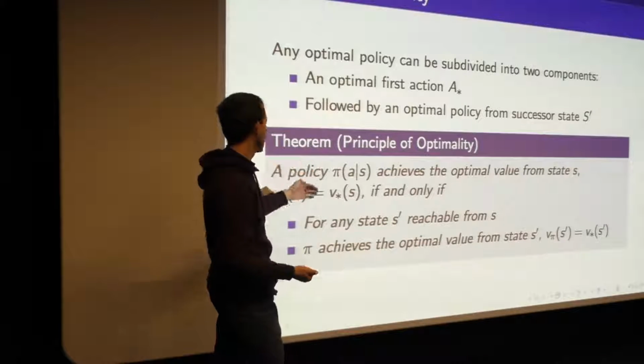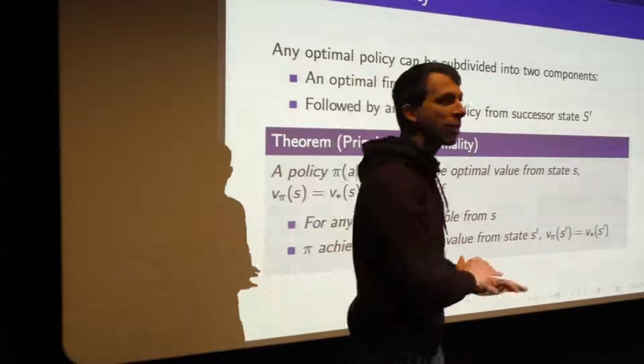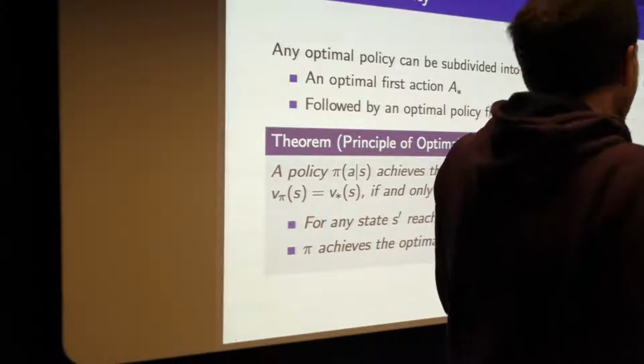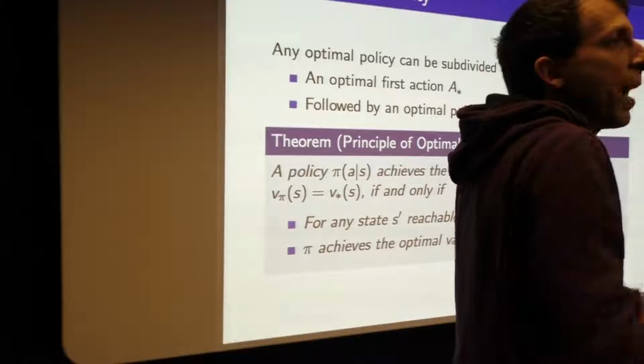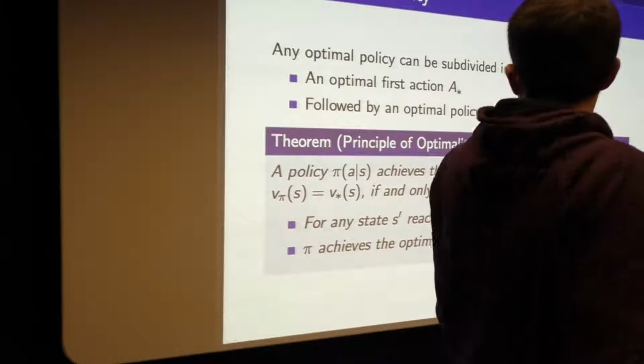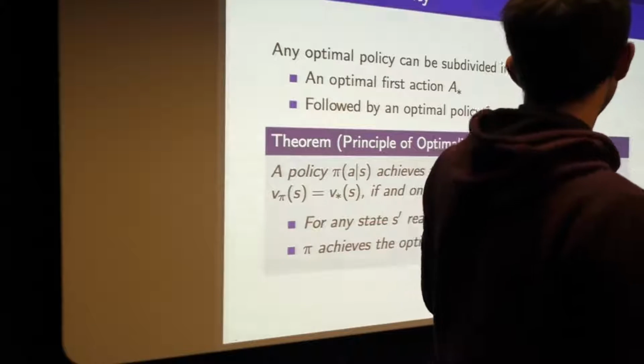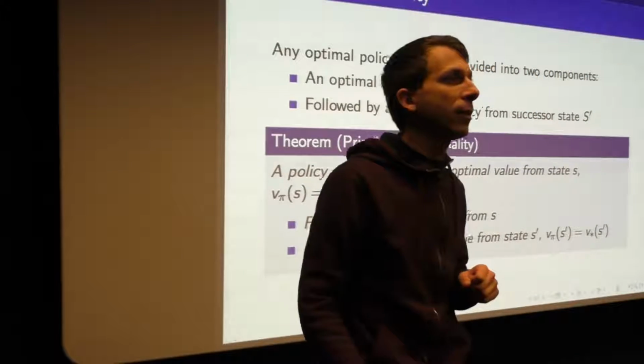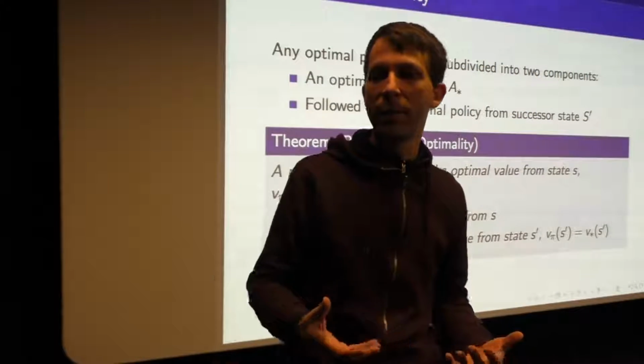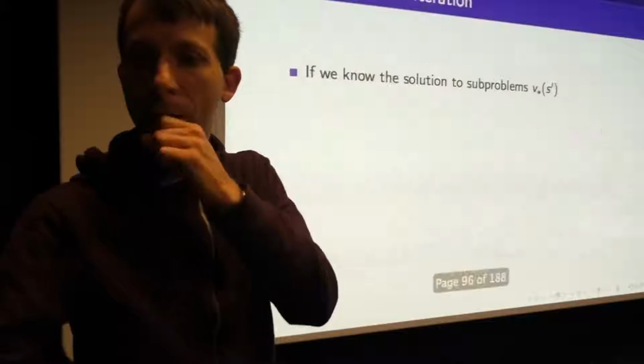So a policy is optimal if for each state that the wind might blow us to, that policy would behave optimally from that state onwards. Okay? So that's a requirement for optimality.